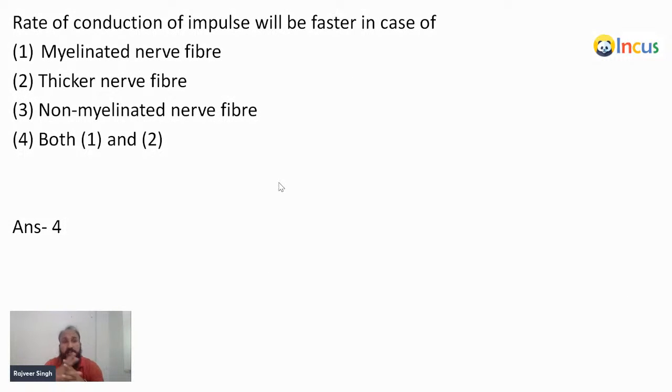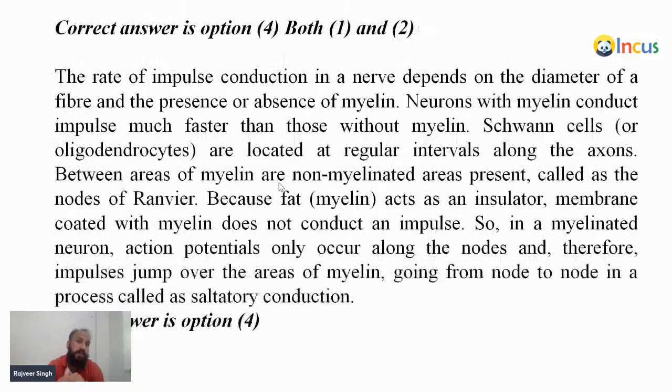Next one. Rate of the conduction of an impulse will be faster in case of myelinated nerve fibers, thicker nerve fibers, non-myelinated, and both one and second. Answer will be fourth. Why we choose fourth? Because the rate of impulse conduction in a nerve depends on the diameter of the fibers and the presence or absence of myelin.